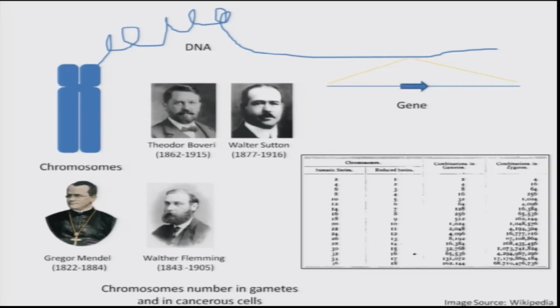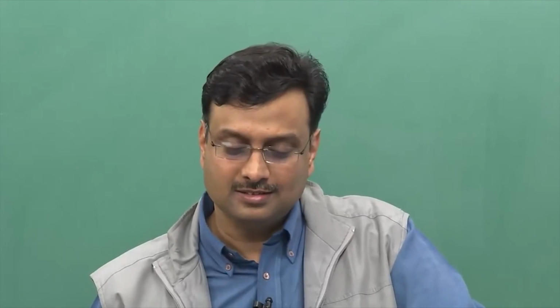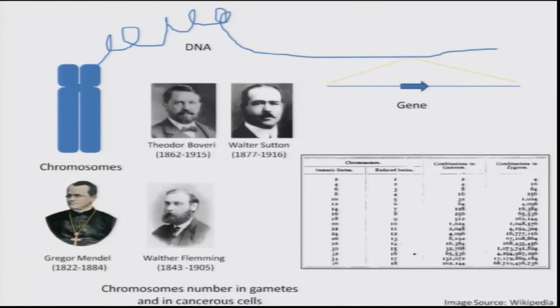So he showed how the reductional division takes place, and then he spoke about combination in gametes and combination in the zygote, when the two gametes, the sperm and ovum, fuse together to form what you call a zygote, and how they restore the original number. So he looked at all these things, and that is how he showed that meiotic cells undergo what is called reductional division. That is an amazing discovery. So, these are all independent.